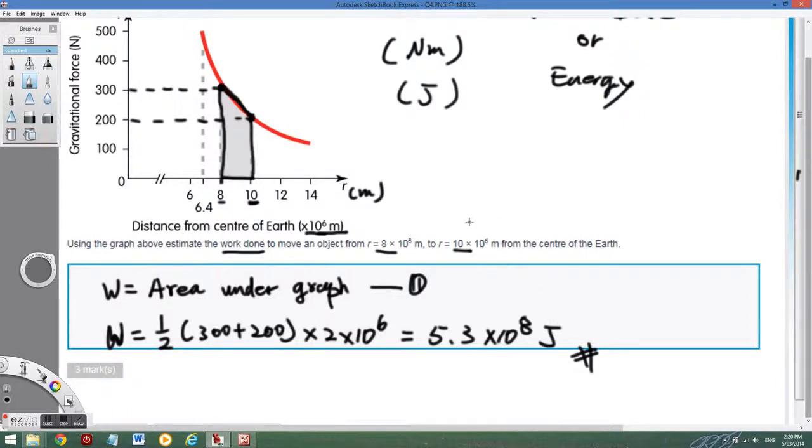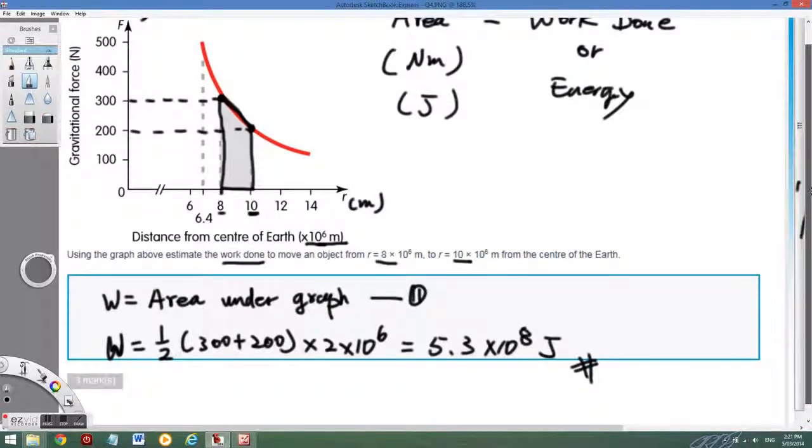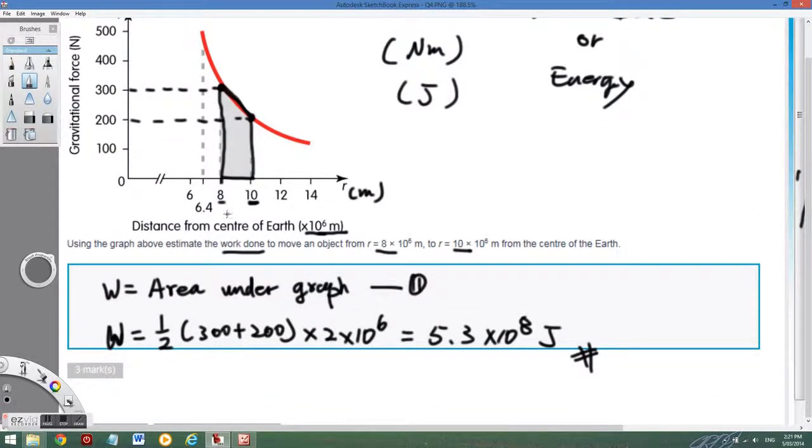Also remember to use two significant figures, because it's mentioned here 6.4, so the accuracy of the graph is in two significant figures. You write down this, you get 1 mark. For the final answer, you have another mark.